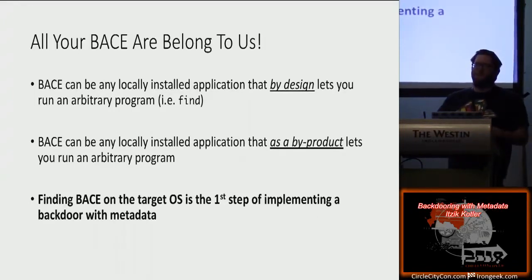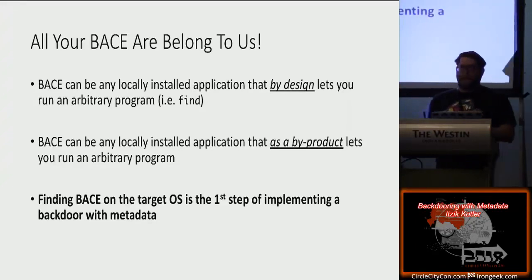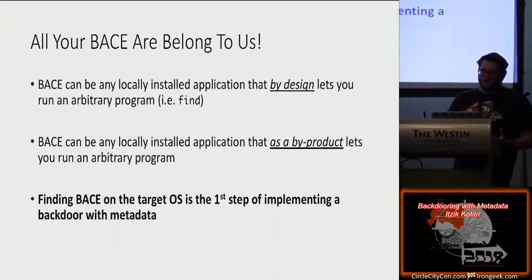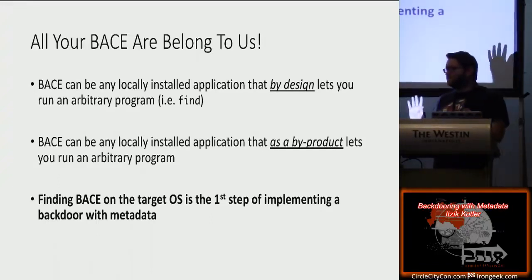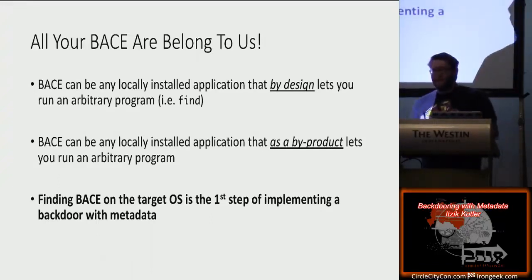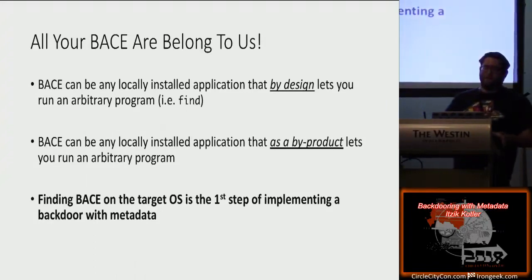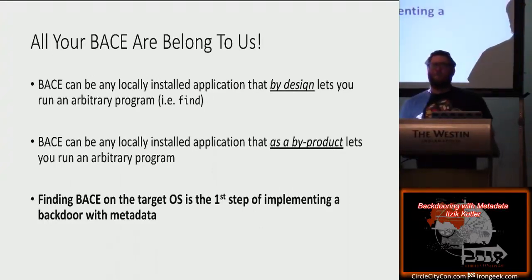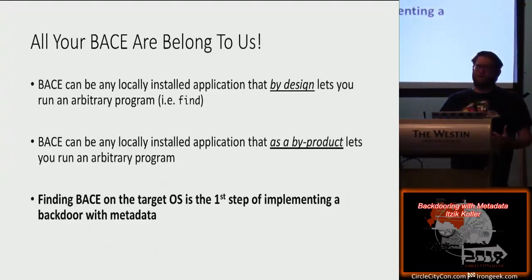It was not something that the original author of the program was designing for, but a way that I managed to exploit or circumvent the situation into running code. Regardless of the source of why it's happening, understanding and finding a BACE file on a target operating system is the first step to implementing a backdoor with the metadata. This will be a launcher. This will be our springboard to basically execute what we would like once we would like to activate the backdoor part.